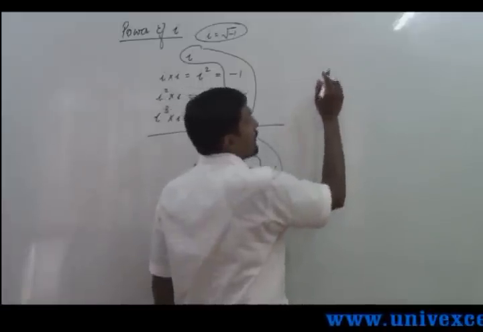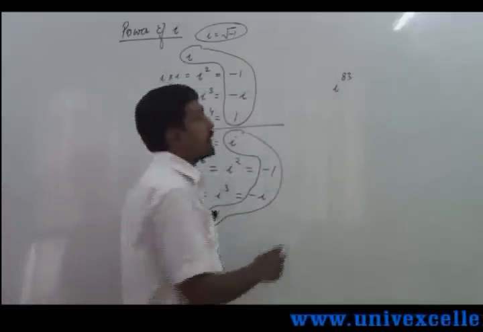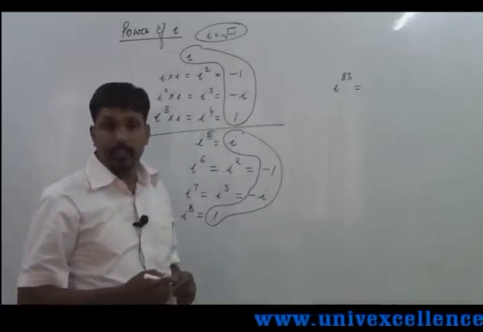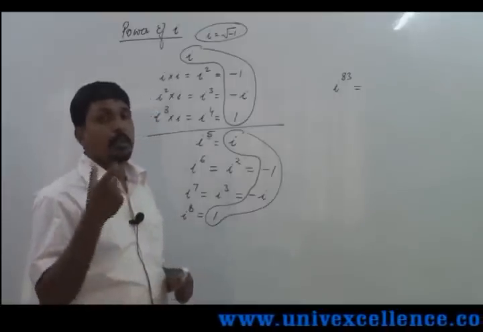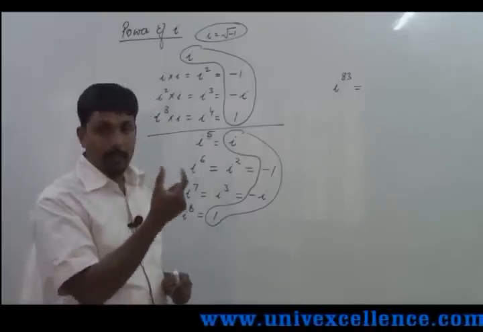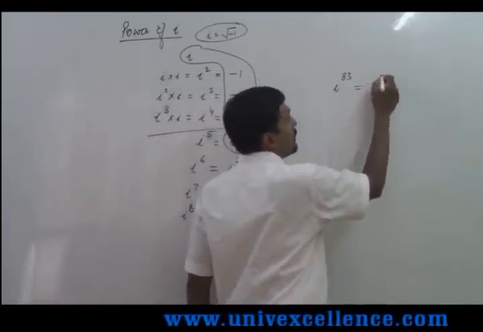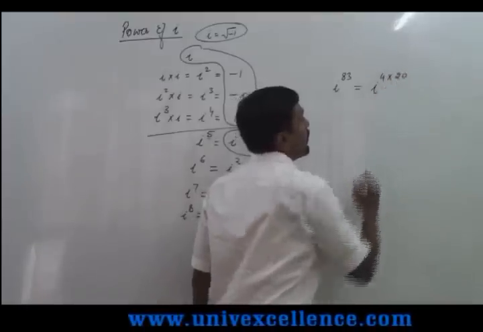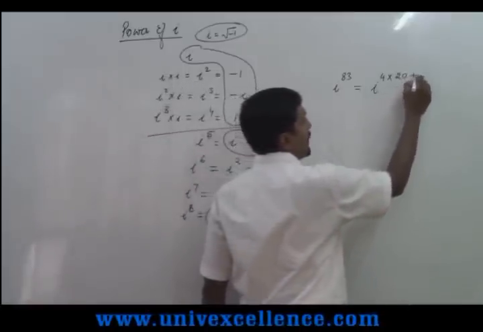For example, iota raised to the power 83. You divide 83 by 4 and write 83 as divisor multiplied by quotient plus remainder, that is 4 into 20 plus 3.